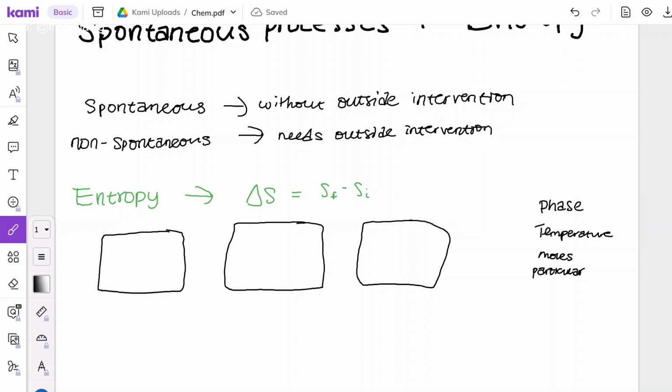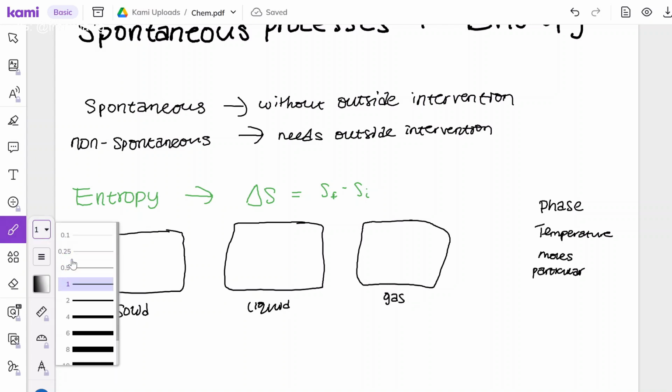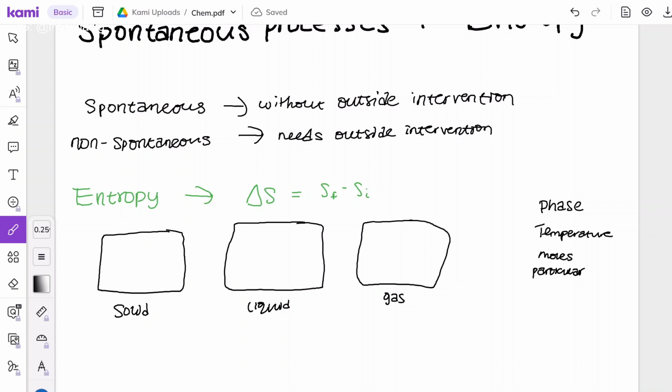Okay, so when it comes to phase, there's the solid phase, then liquid, and gas. And when you think about it, in past classes you might have seen this, but basically the atoms and the particles inside solids are barely moving. They're not really interacting with each other. That's why solids stay in one place and they're compact.